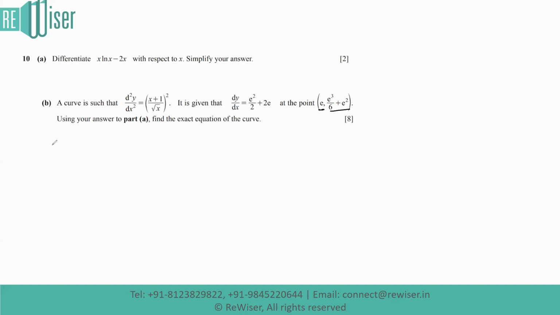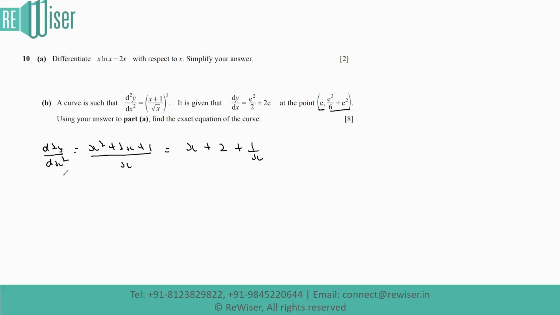Now, if d2y by dx2 is given to me like this, we'll first put up the general form, which is x squared plus 2x plus 1 over x, which can be written as x plus 2 plus 1 by x. So that's the simplified form that we have found for d2y by dx2.